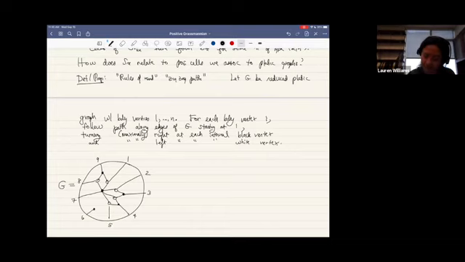Okay, so this recipe I've written down is going to give us a permutation.